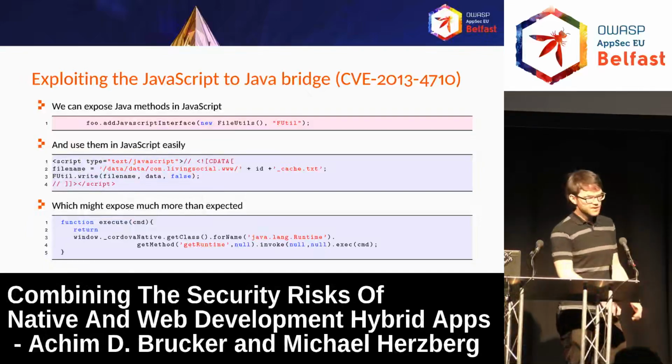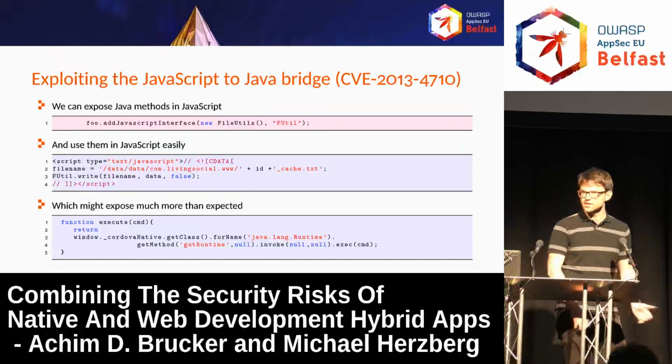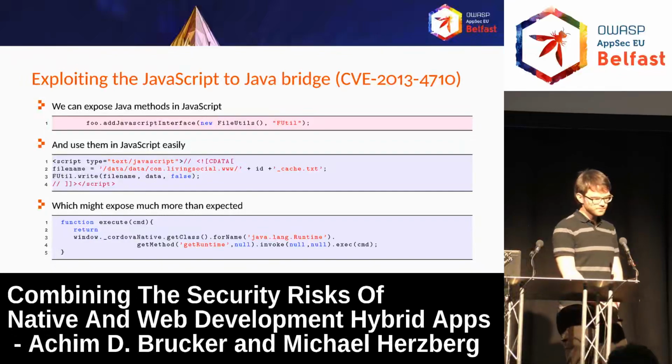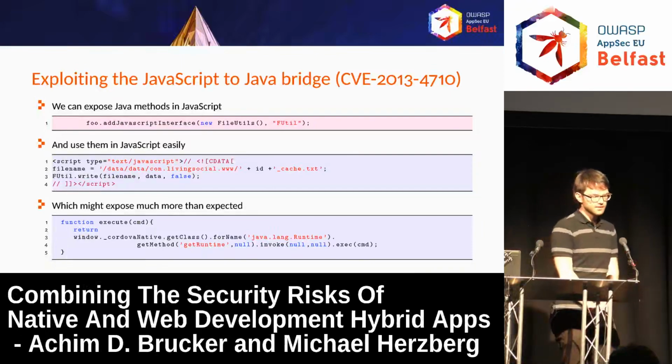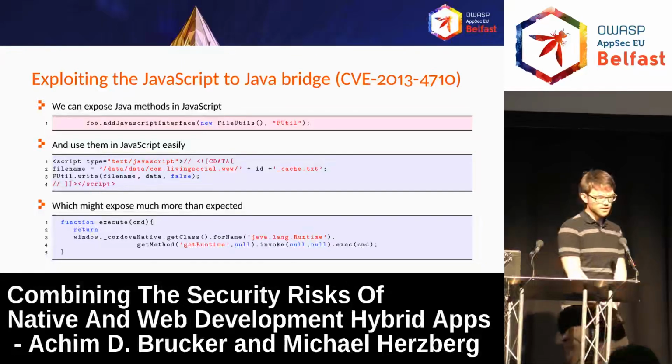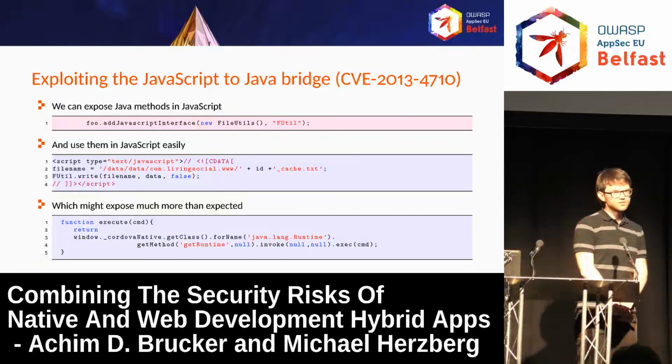So you see in the first line, the Java developer exposes a file utils object to the JavaScript side, which can then be used as follows on the JavaScript side. As you can see in line 3, there's something written to a file. But what the developer probably didn't anticipate is that you can also use this exposed function to call some Java reflective functions on it, which the JavaScript developer is usually not really concerned with.